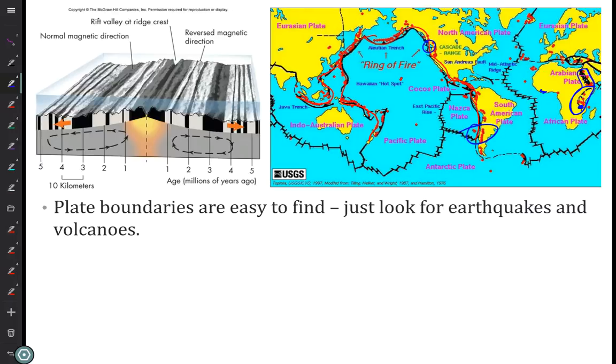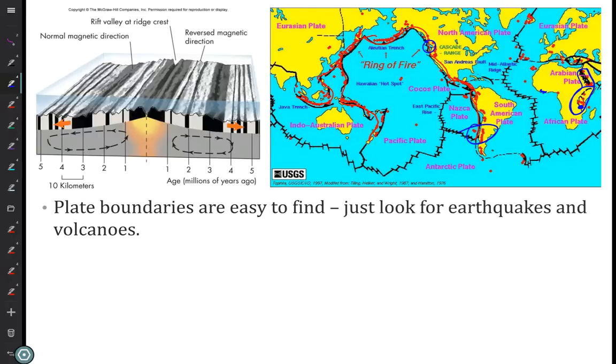Okay, so looking at the ocean floors, you can actually see a history of the Earth's magnetic field. So this is illustrating black is one direction magnetic field, white is opposite direction. Well, it says white is reversed, so black would be pointing north.